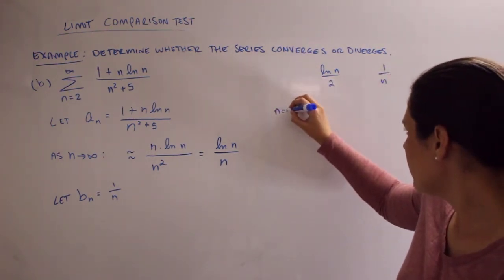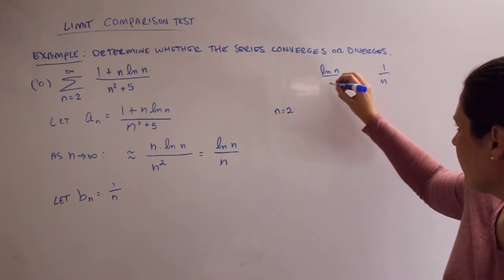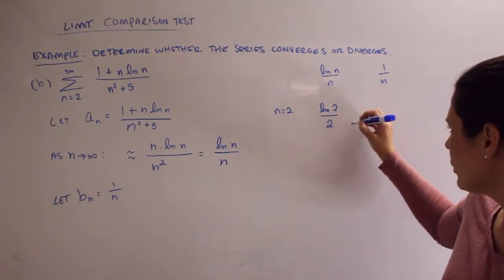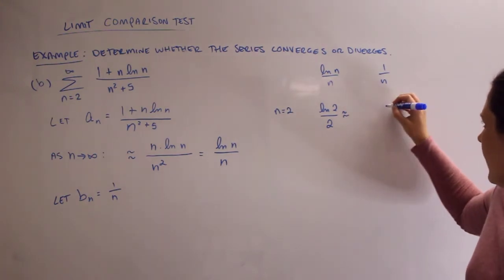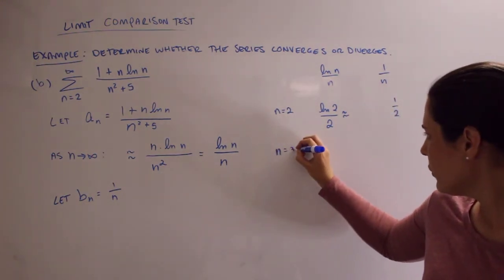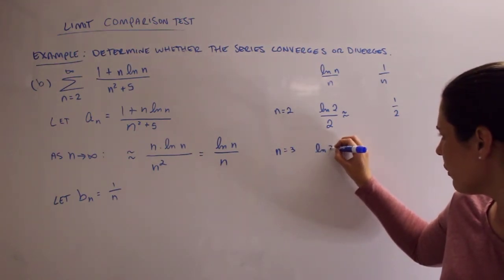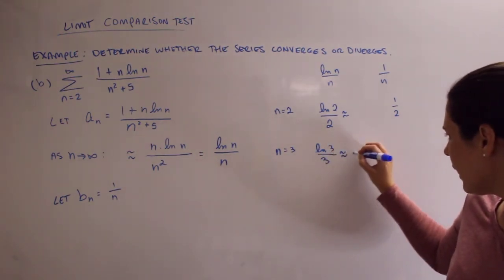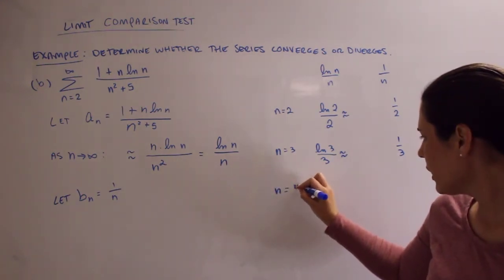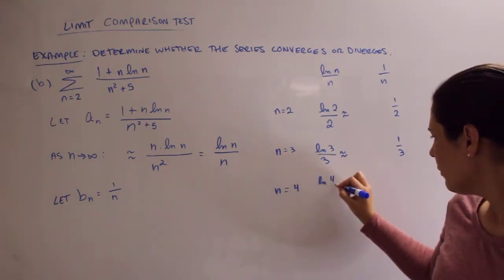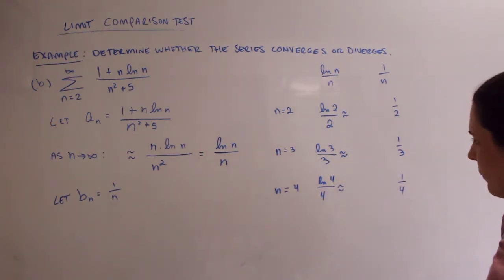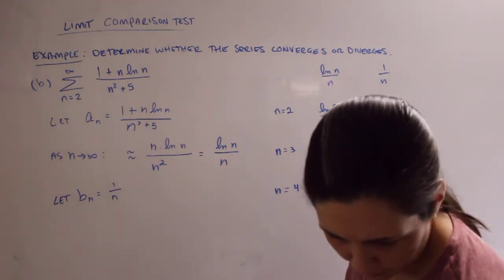When n is 2, we have natural log of 2 over 2, and over here 1/2. When n is 3, natural log of 3 over 3, and here 1/3. When n is 4, natural log of 4 over 4, and this is 1/4. Let's see what these values are.